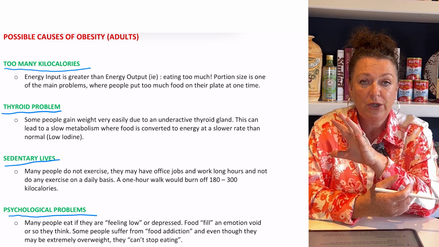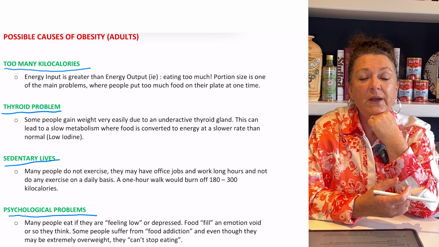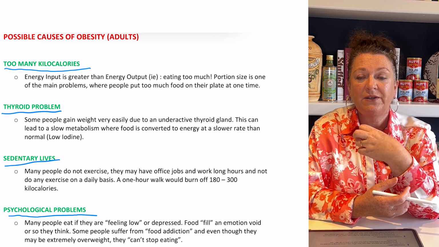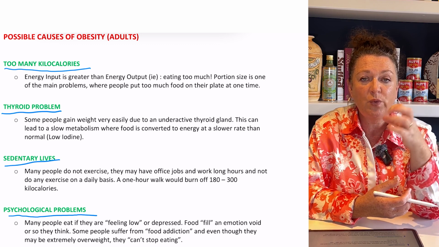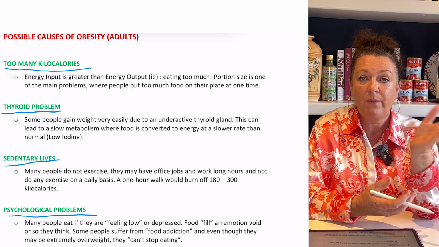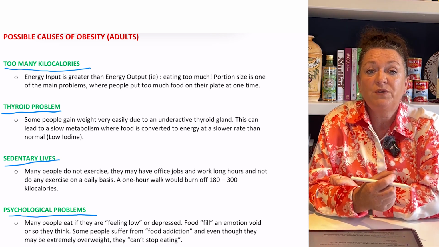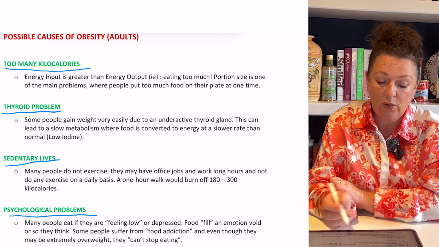Never judge people, shall we say, on the surface. There are people that have problems with their thyroid gland, maybe have deep psychological problems, and they have an issue with eating or comfort eating. So it could be a medical problem, or it could be the most common cause of being overweight: too many kilocalories.